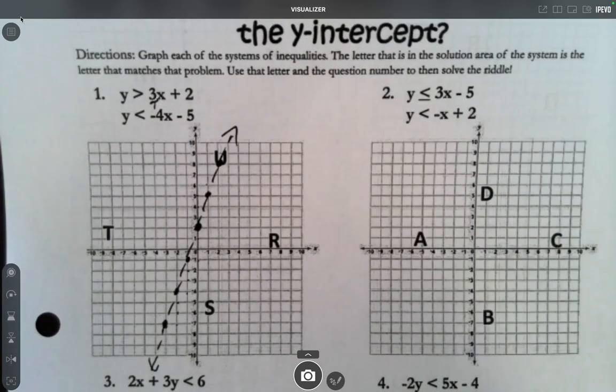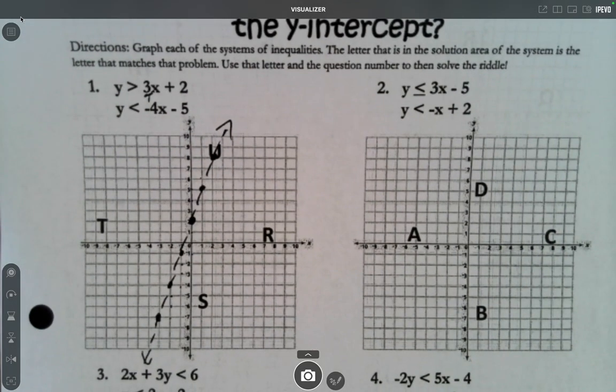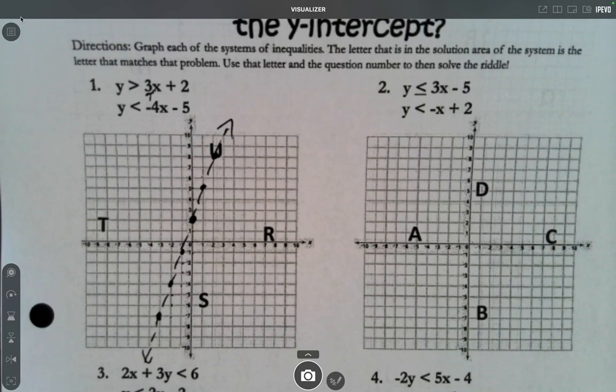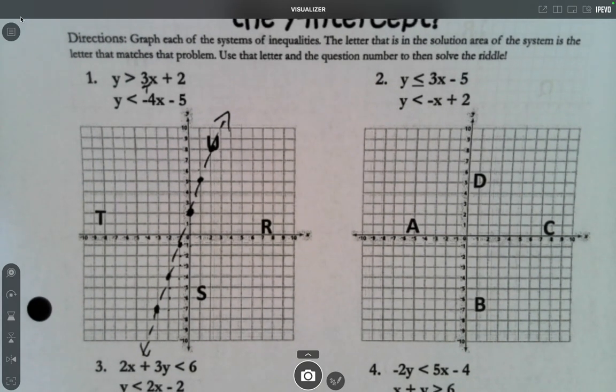And we can go ahead and test our points right now. So you remember we did single inequalities. We had a test point where we usually use 0, 0 to figure out which direction we should shade.